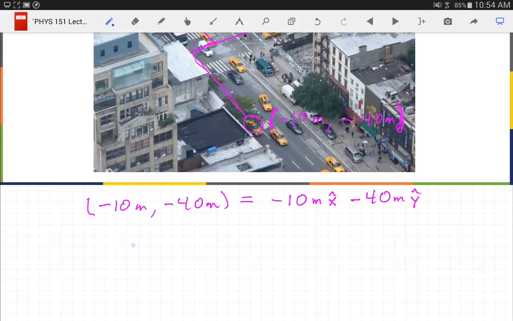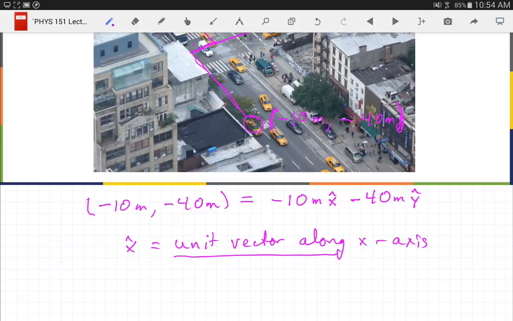What do those mean? The hat means a unit vector along whatever axis is indicated. So X hat is a unit vector along the x-axis. Y hat is a unit vector along the y-axis.